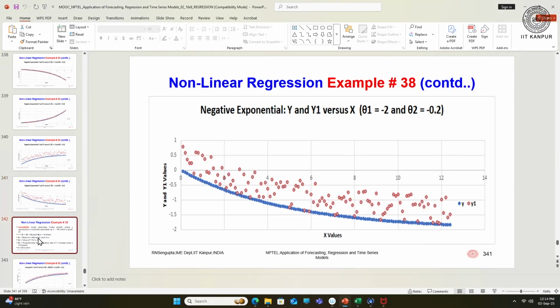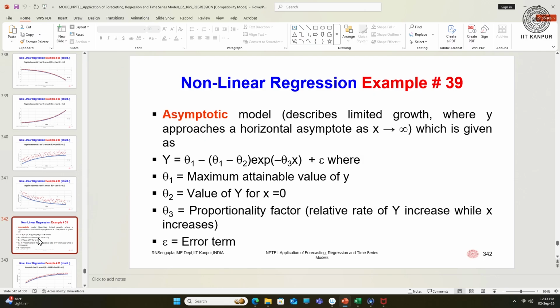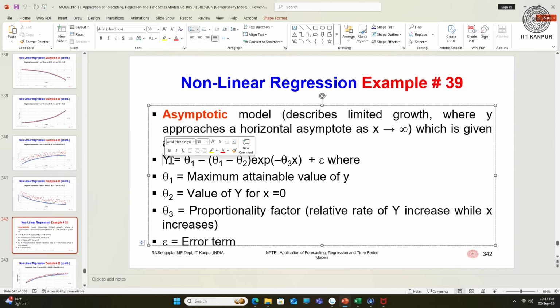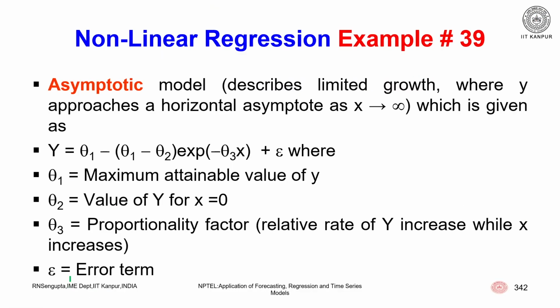The next model which we consider is the asymptotic model, which describes limited growth where y approaches a horizontal asymptote as x tends to infinity, and it is given by y is equal to this line. Here it is theta 1 minus, in the bracket, theta 1 minus theta 2, the difference of these parameters, in exponential, minus theta 3 to the power x.